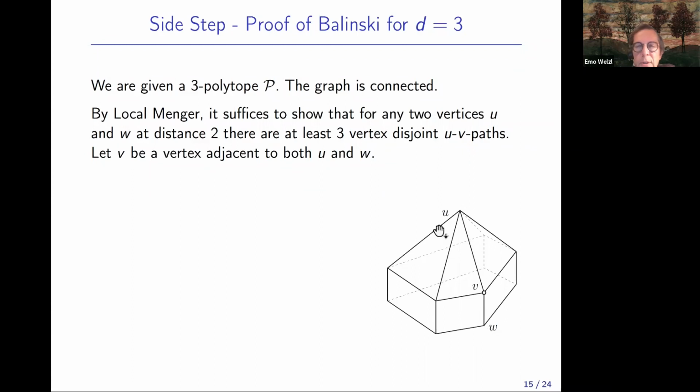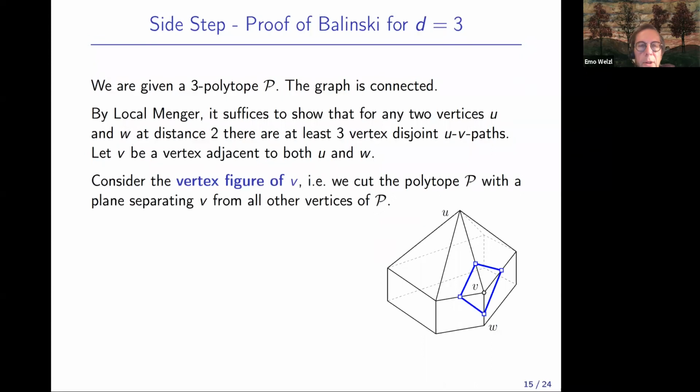Of course, since they have distance 2, there is a vertex V which is adjacent both to U and W. And the way we find these 3 paths now is the following. We consider what is called the vertex figure of V. That is, we take a plane and we cut off the vertex V from the rest of the polytope with this plane.